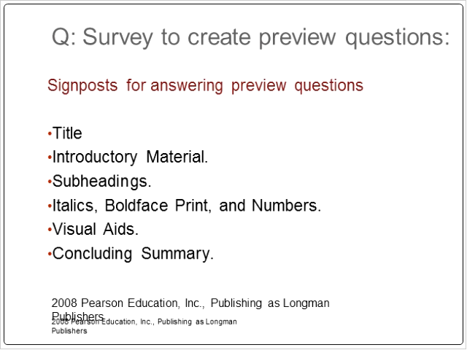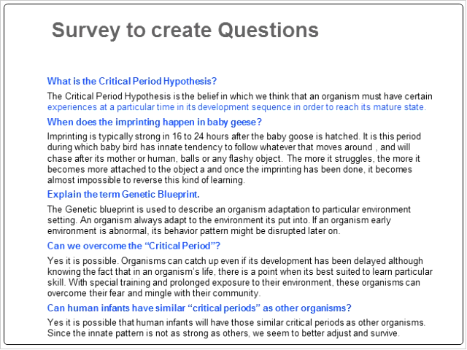They've developed questions. And this is an assignment that we have in the course, and I've provided an example on the next slide. I don't know if you can read it or not, but the questions in blue were created after this student read an article about the critical period hypothesis.